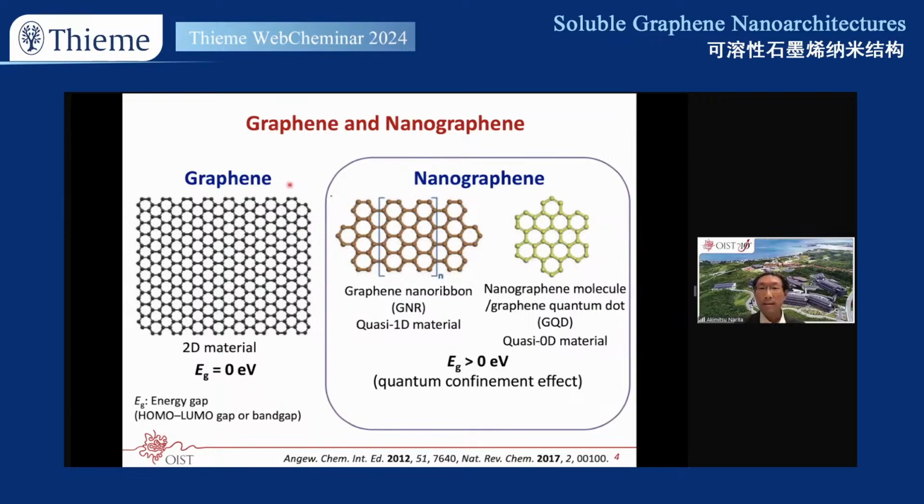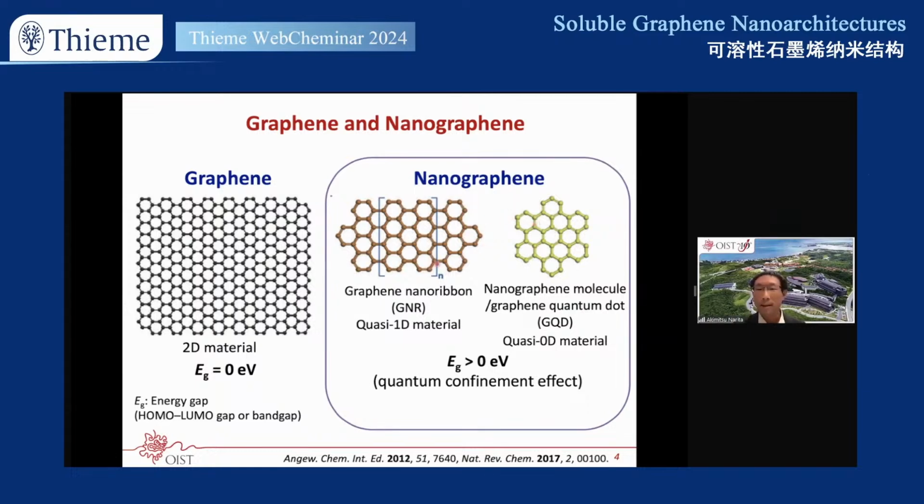If we make nanostructures of graphene, which are typically nanographenes, we have an open energy gap, band gap, or HOMO-LUMO gap through the quantum confinement effect, and we can have a variety of interesting optical, electronic, and magnetic properties solely depending on structures.